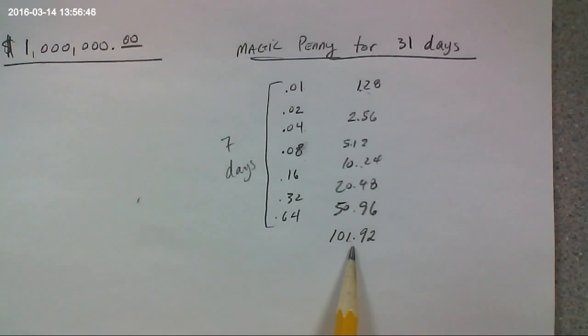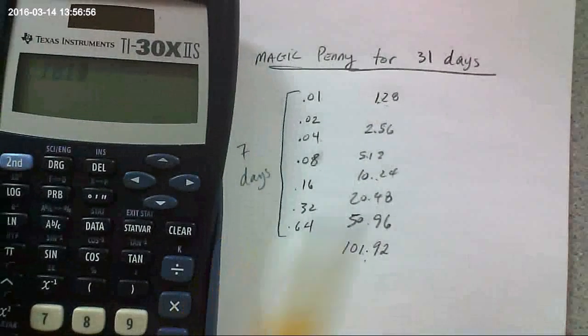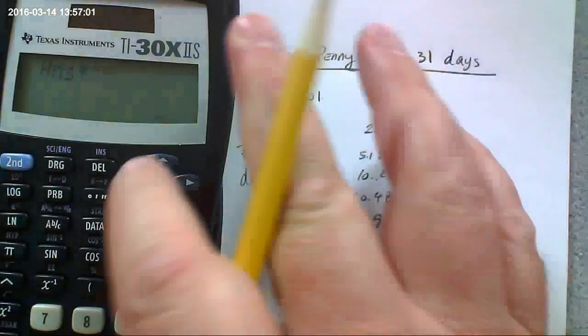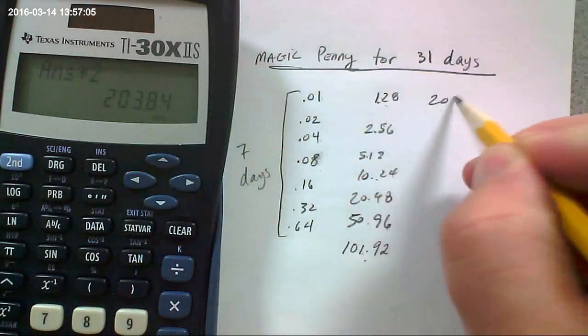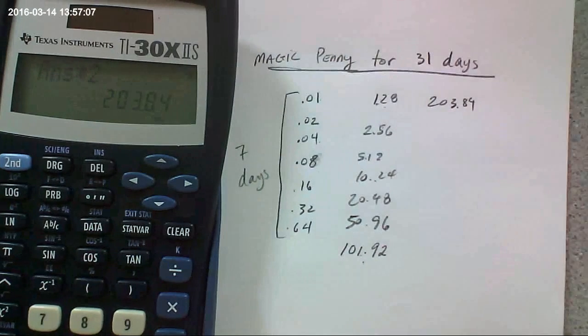You feeling good about your penny? Still, just because contextually it has to be a trick, right? Okay, let's do the next week. 101.92 times 2. Wow, $203.